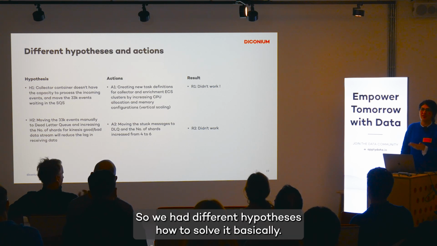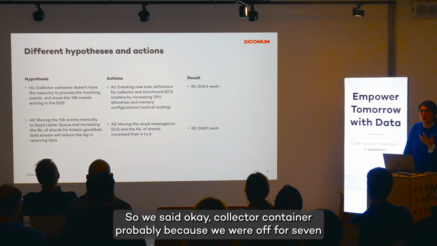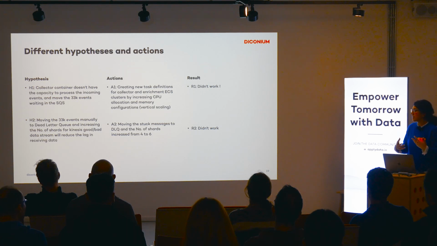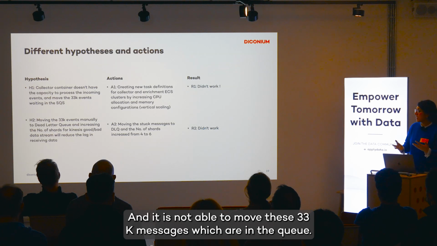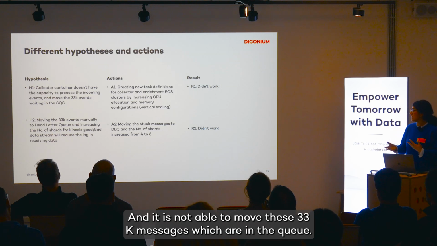So we had different hypotheses on how to solve it. We said, okay, the collector container, probably because we were off for 7 days, doesn't have the capacity to process these incoming events, and it is not able to move these 33K messages which are in the queue.